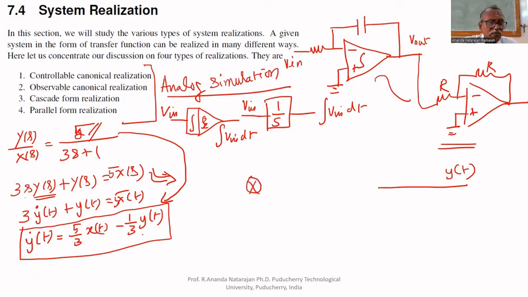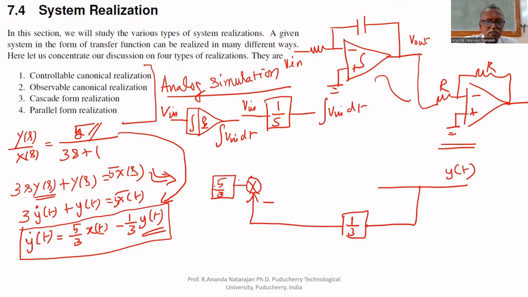You need 1 by 3 times y of t, and subtract. x of t is the input. 5 by 3 times x of t is given here. These two together: 5 by 3 times x of t, minus 1 by 3 times y of t. We are assuming that y of t is available. If you subtract these two, what you will get is y dot of t.